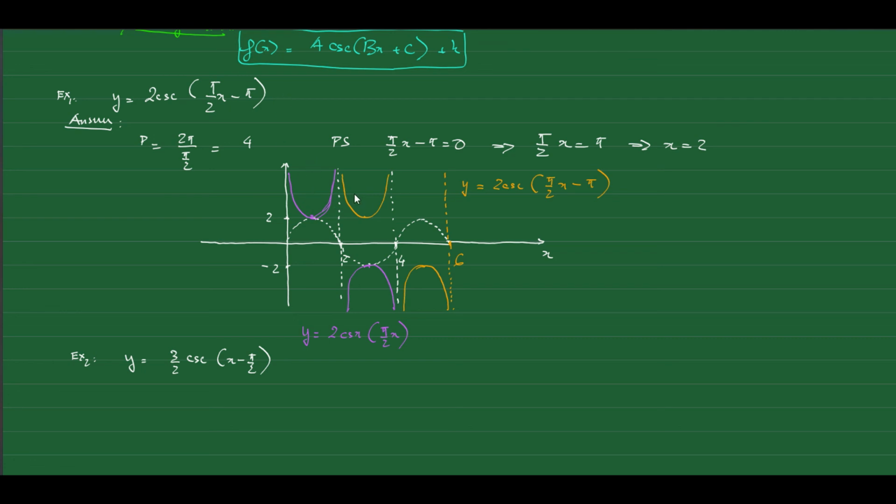Then you just move up 4 units. If it adds 1, you move up 1, or if it adds 2, you move up 2 units. So if it's like that, you're going to have a function like this.